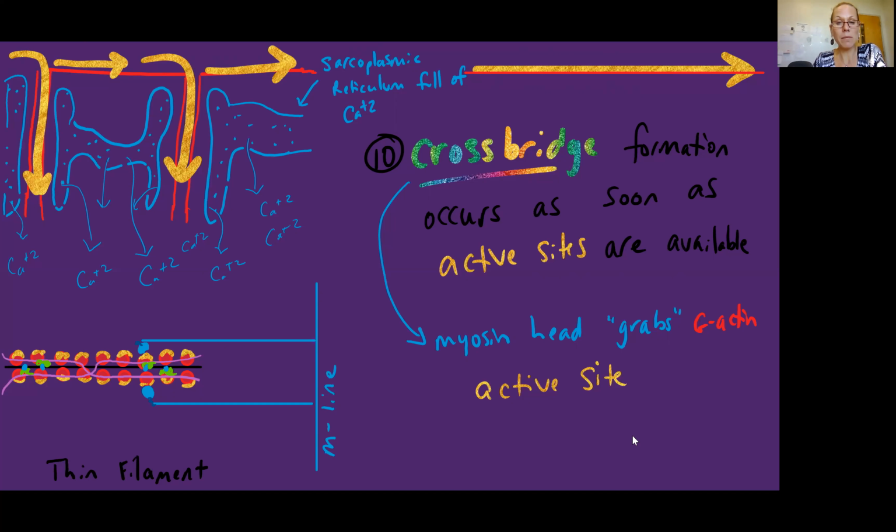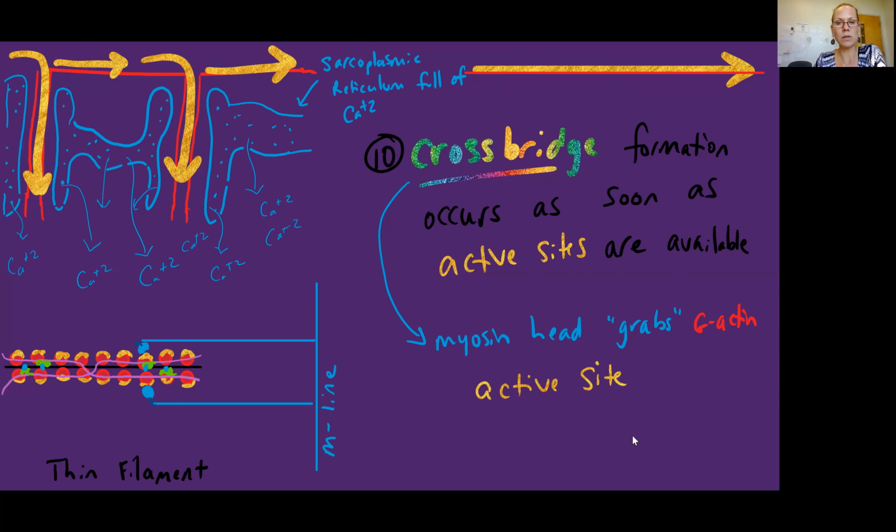We're going to see that the myosin head already has been energized. It's been revved up and is holding on to an ATP molecule. Really, it's already broken down the ATP into an ADP and a phosphate, and it's been holding all of that energy.